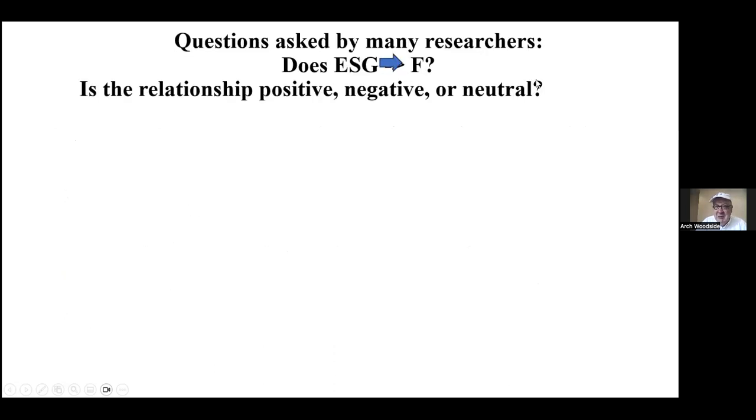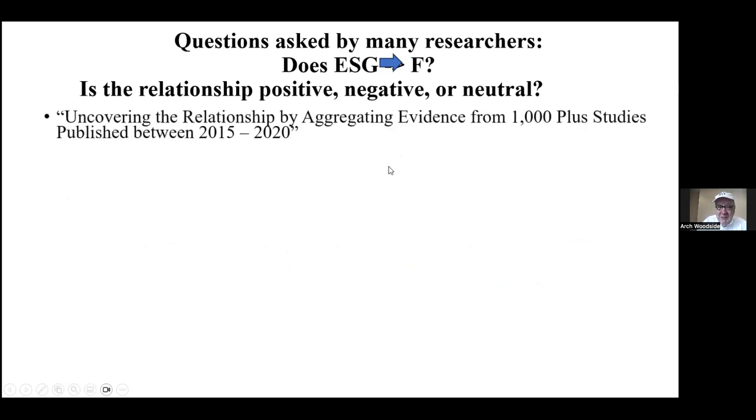The question typically asked is, does ESG relate to financial performance? Is the relationship positive, negative, or neutral? Now, I'm going to mention that this is rather a bad question, but it's asked all the time. Almost 99% of the people frame issues related to ESG and financial performance in terms of relationships.